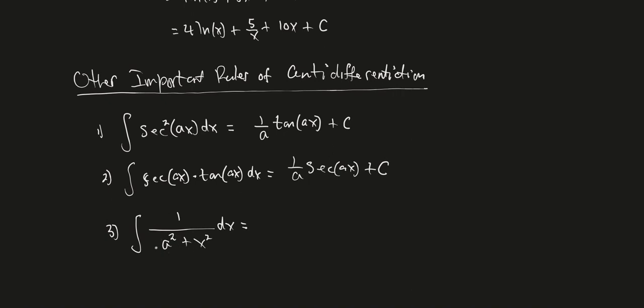Now, if you have a constant here, the reason why it's written as the constant squared is that it makes it a little bit easier to state the rule on this side. So the rule is this: it's 1 over a, so essentially you take the positive square root of this number, and then you'll have your arctangent of x over a, plus c.